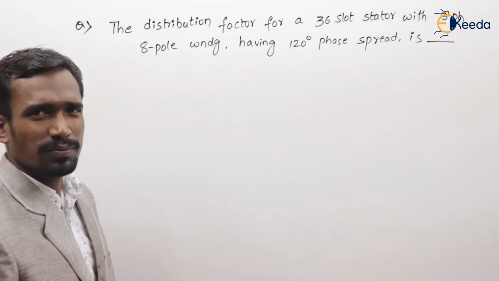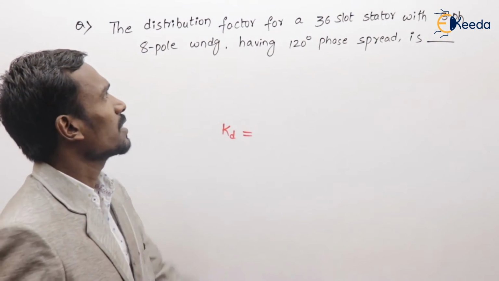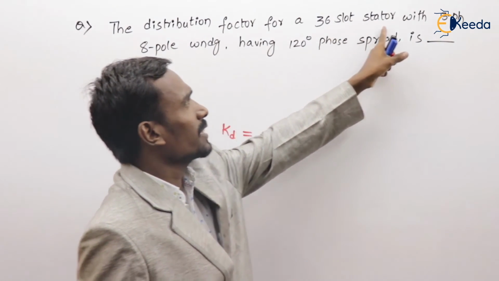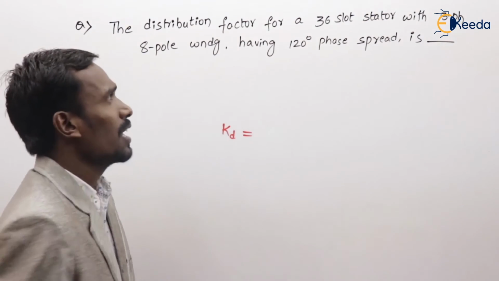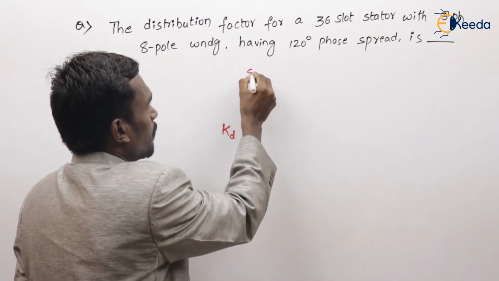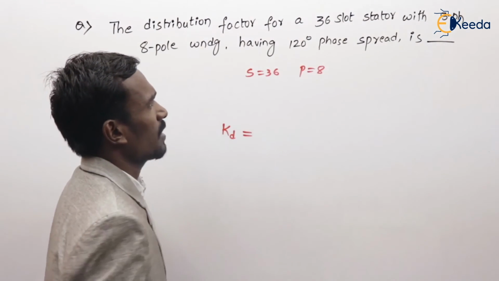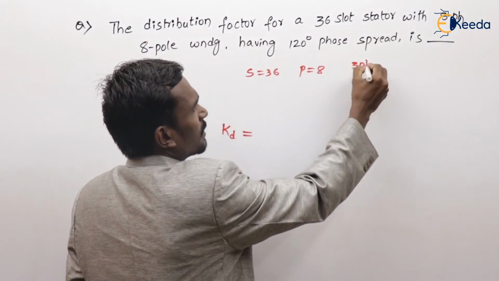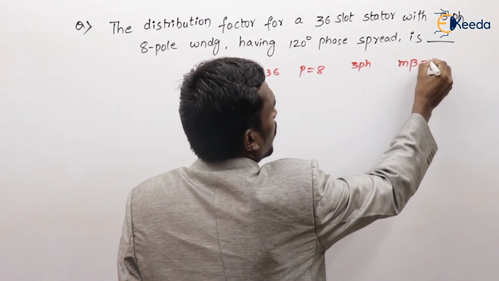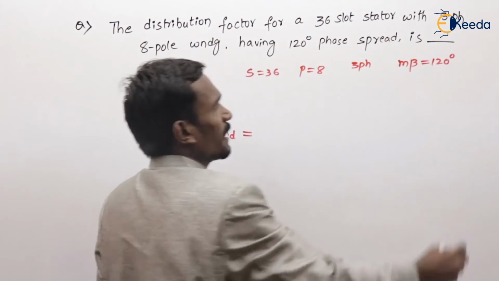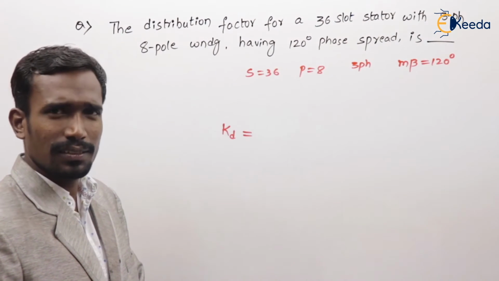Distribution factor. We have to find out KD, the distribution factor for a 36 slot, 3-phase, 8-pole winding. Number of slots 36, number of poles 8, it is a 3-phase machine, and they also gave M beta, the phase spread, which is 120 degrees.